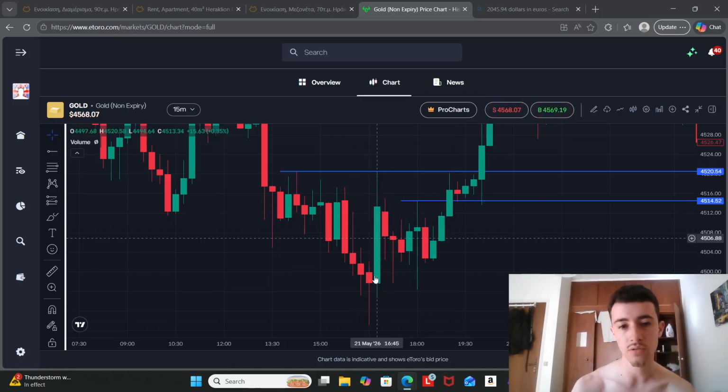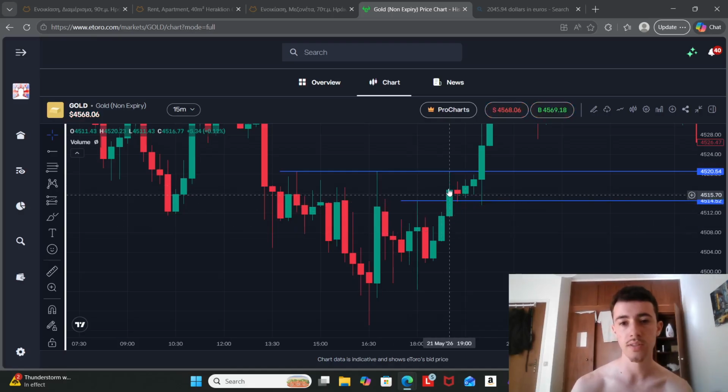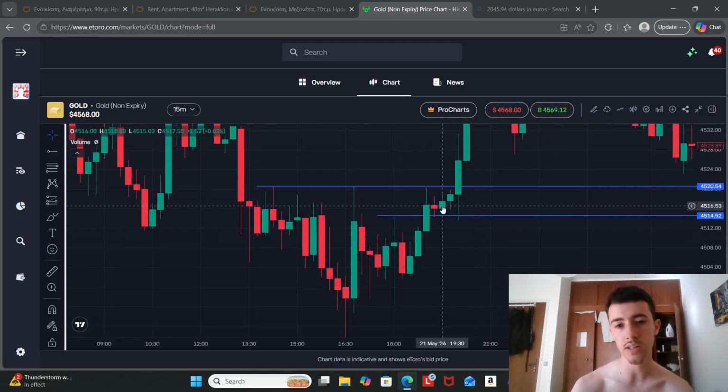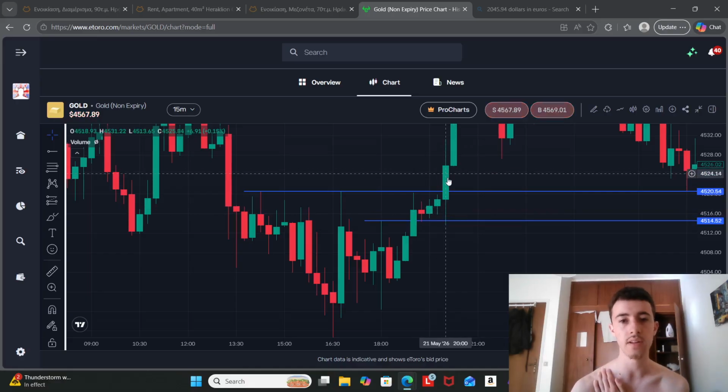So a candle this big, even though this was not a breakup structure, this one was. This one's still okay, but if you've got a candle like this, it's better to wait for more confirmation. So you wait, see what happens, then a bigger one closes, then you know you can enter.